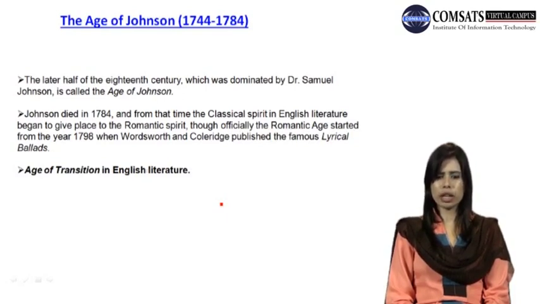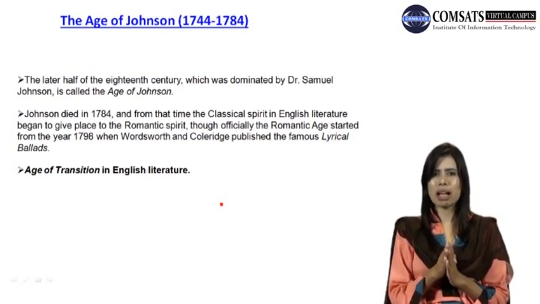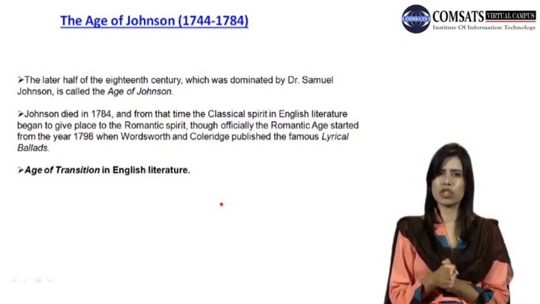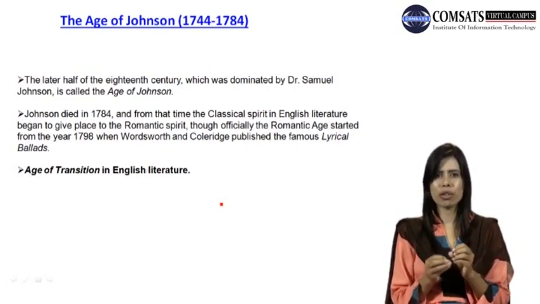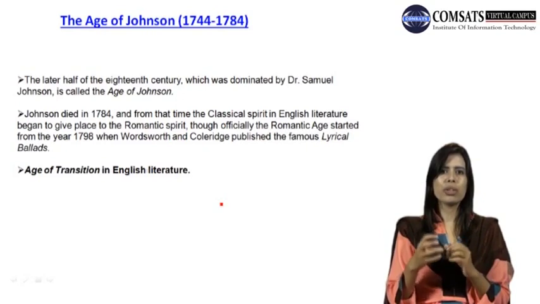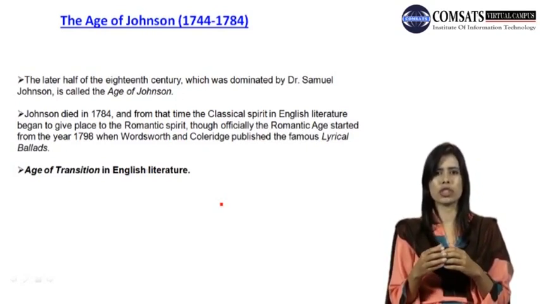Johnson died in 1784, and from that time the classical spirit in English literature began to give place to the romantic spirit. So my dear students, here you can see the classical period or the Augustan period or the 18th century literature. After the death of Dr. Samuel Johnson in 1784, it started giving birth to Romanticism, the romantic movement in the history of English literature.